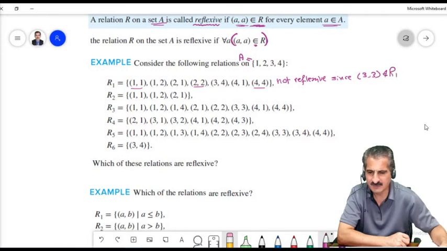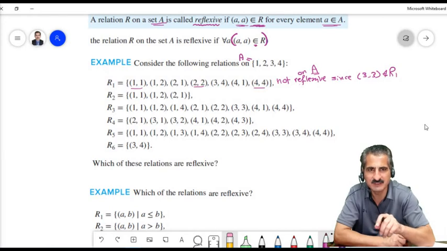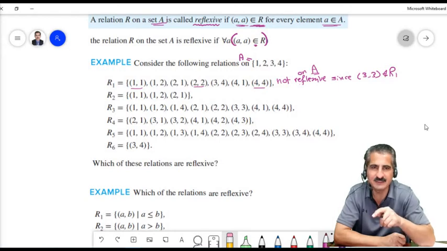So I will say not reflexive on A, as I must specify on A, because I want every element of A to be related to itself. If A is {1, 2, 4}, then this R1 will be reflexive, if the 3 is missing from the set A.